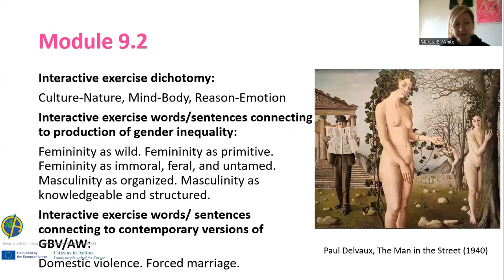And this one again, where we find domestic violence and forced marriage, and the femininity as wild and represented as primitive, immoral, feral, and masculinity represented as organized and structured.